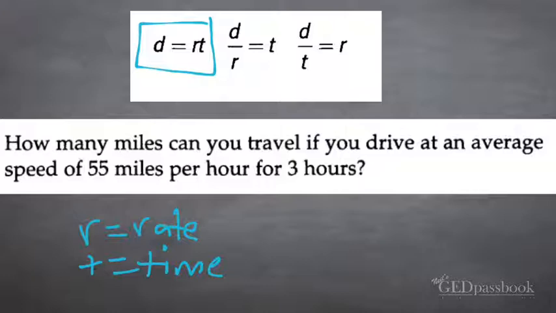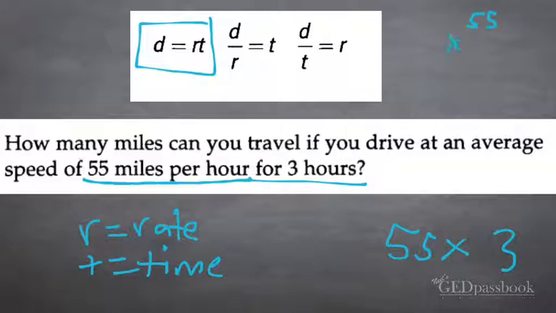So if they were to say, how many miles, so they're looking for the distance, can you travel if you drive at an average speed of 55 miles per hour, 55 being the rate, for 3 hours? So you actually multiply 55 times 3.